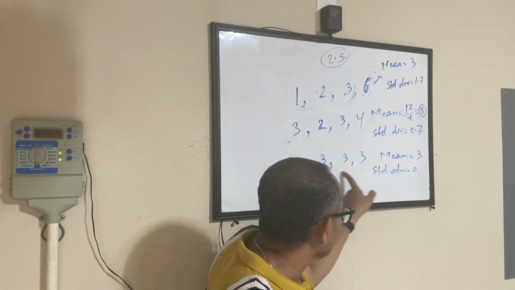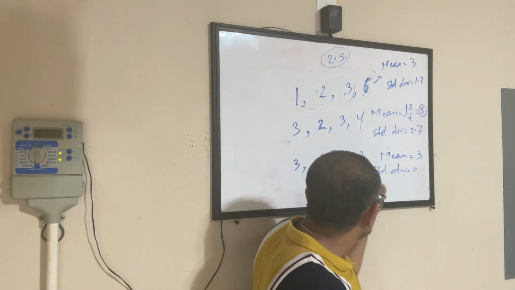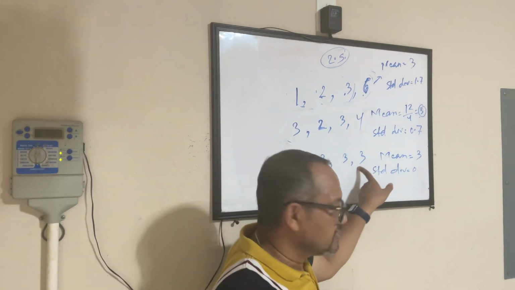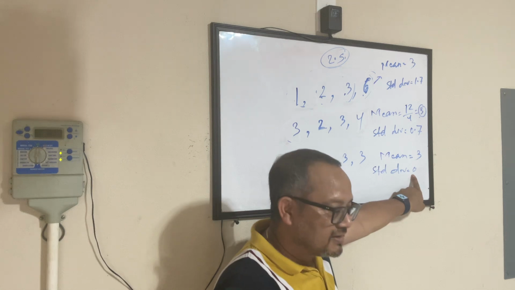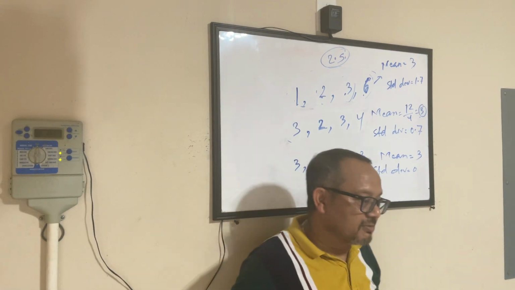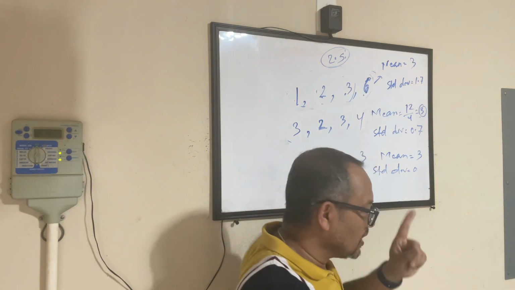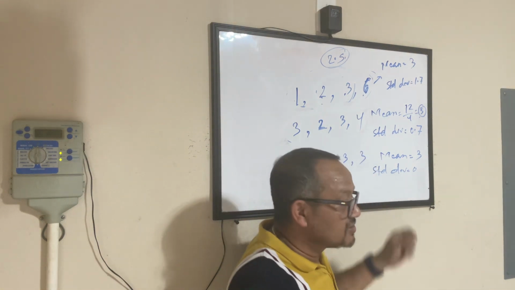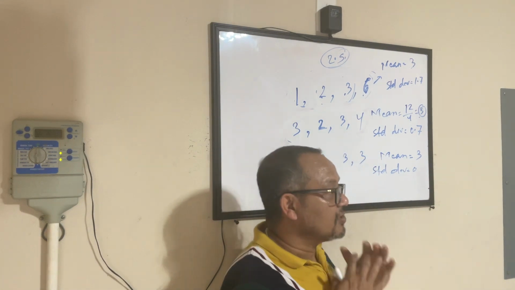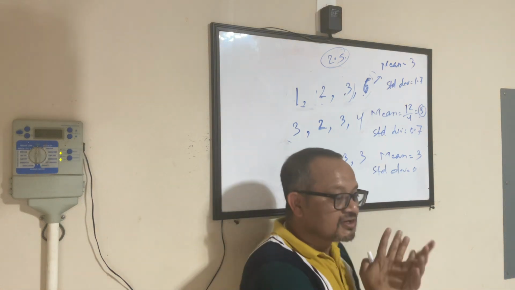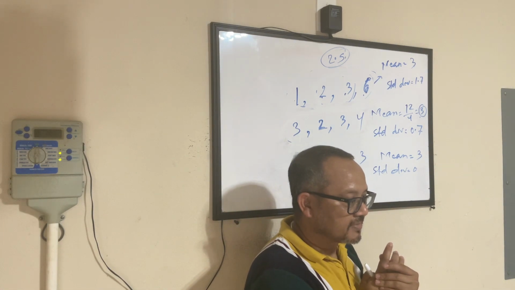Here you are not fluctuating at all. There is no deviation, no difference among the numbers that you have. This came as 0. So, to summarize, my last 15 minutes of blabber in one line: standard deviation is a scientific tool that tells you how much variance you are seeing in your data. Okay?